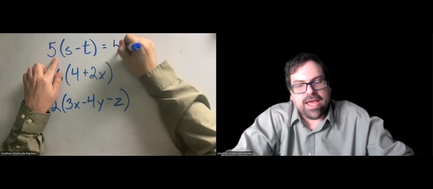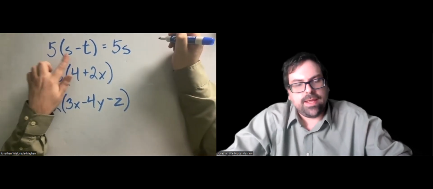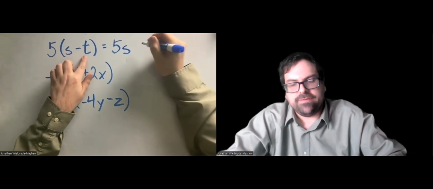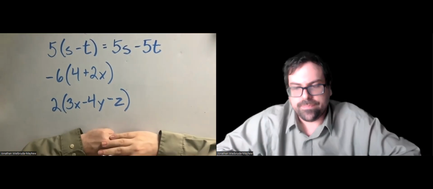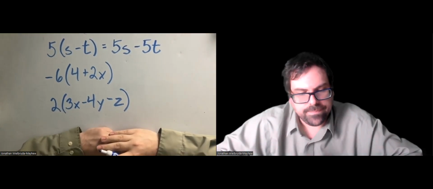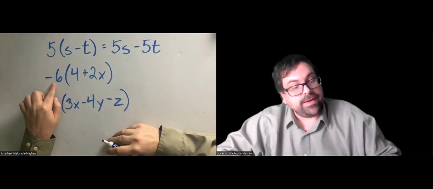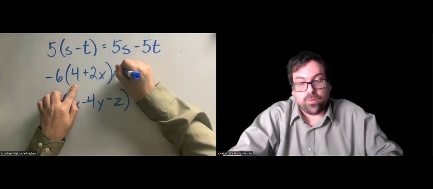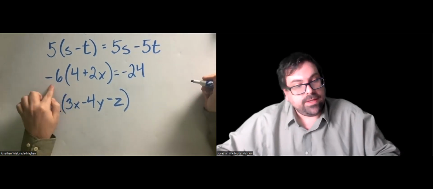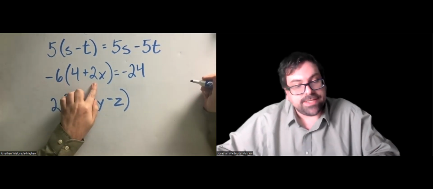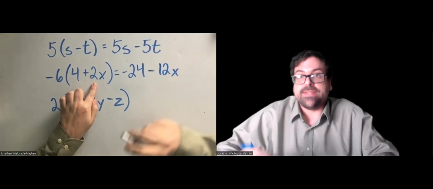We multiply the 5 times the s, and then 5 times negative t is negative 5t. In the second one, negative 6 times positive 4 is negative 24. Negative 6 times positive 2x is negative 12x.